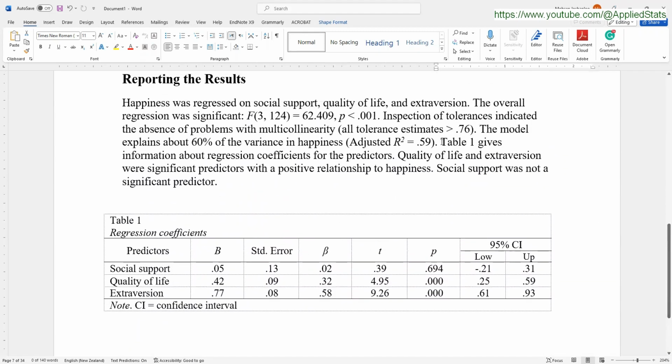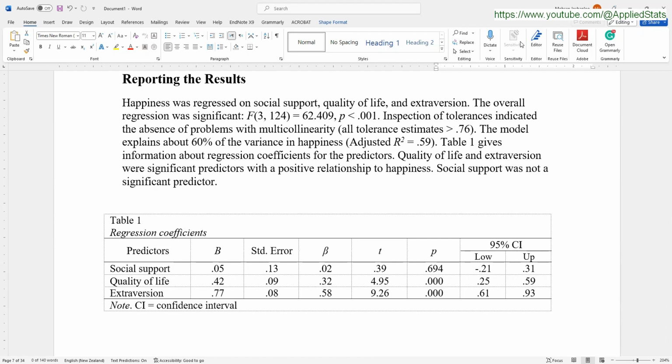And then you provide this table, but you need to format it in APA style. So Table 1 gives information about regression coefficients, and you provide the confidence intervals as well. And here you mention that quality of life and extroversion were significant predictors, but social support was not a significant predictor.